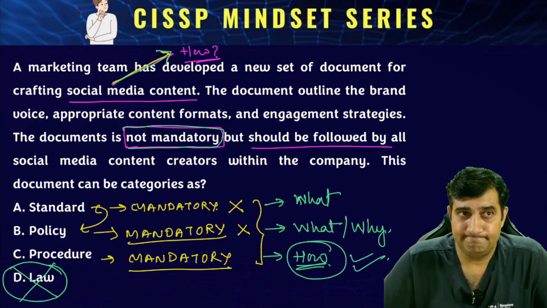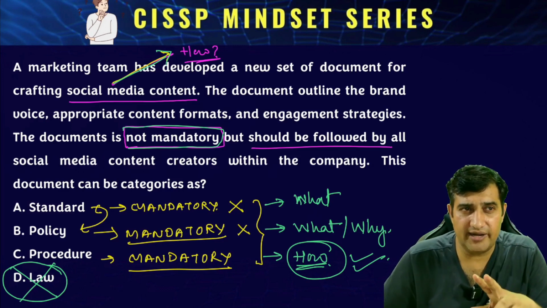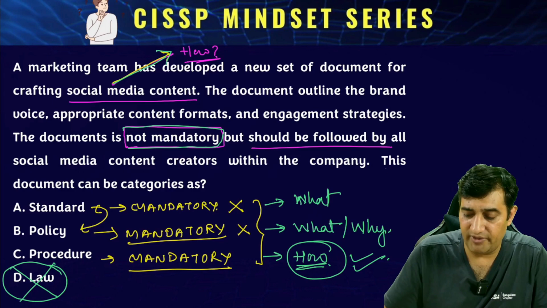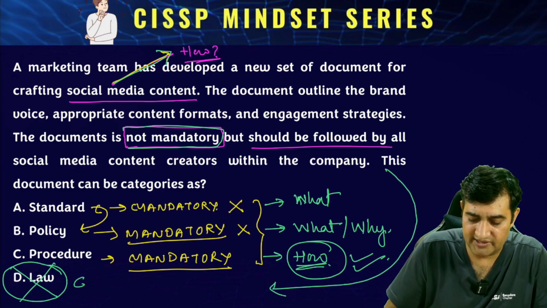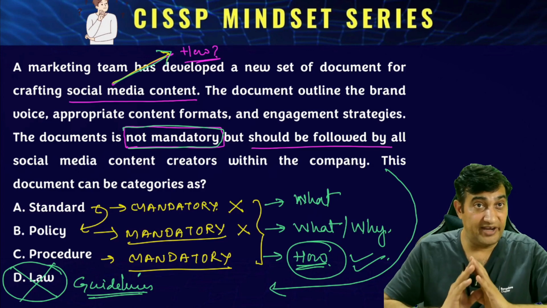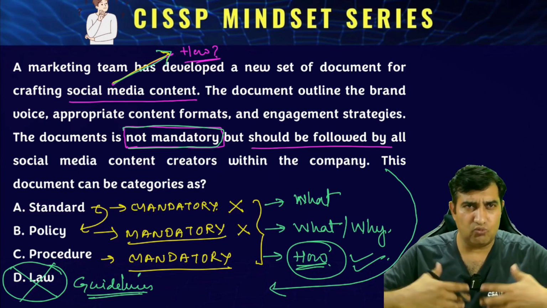Got it, guys? Does it give you some kind of mental setup? What kind of tricking can happen in the exam? If it would have been a very straightforward question, if I had given you one more option, let's say guidelines, we know guidelines are optional. They are not mandatory to be followed, and they also talk about what should be done, what should not be done.